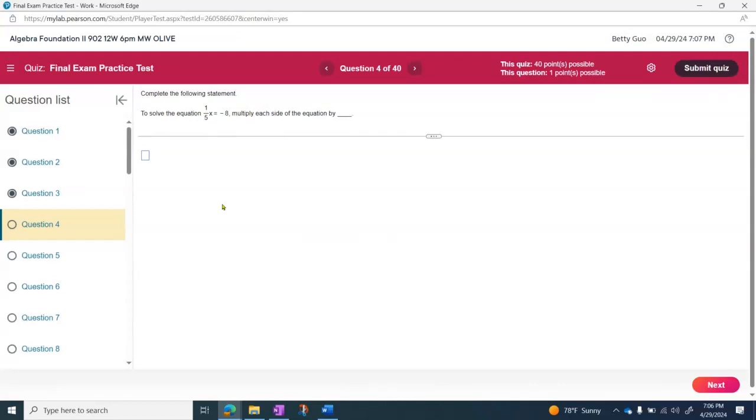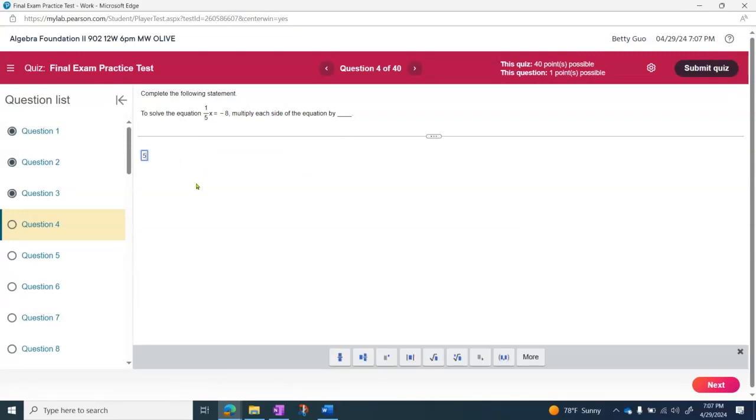This one, complete the following statement. To solve the equation 1/5 x equals -8, multiply each side of the equation by 5. I need to emphasize for this type of question, the question gives you an equation, but you are not solving it. You are not entering the solution of the equation.